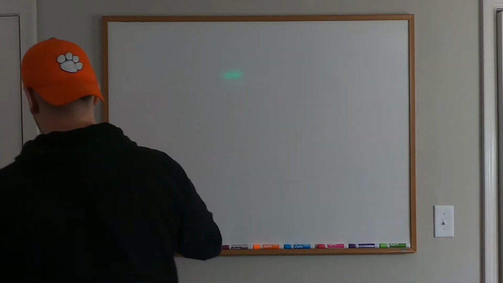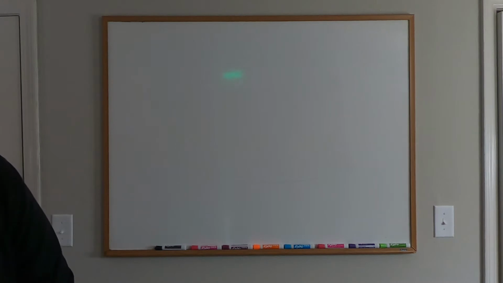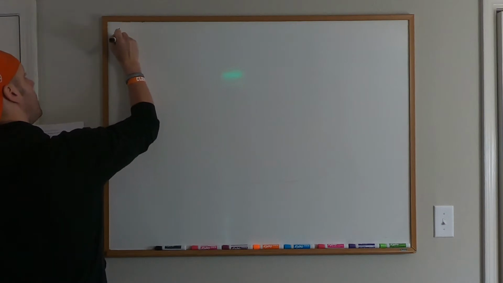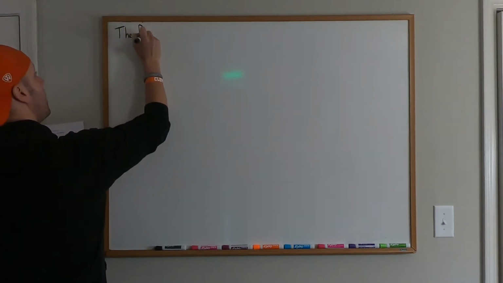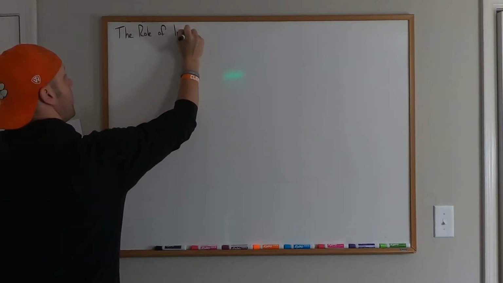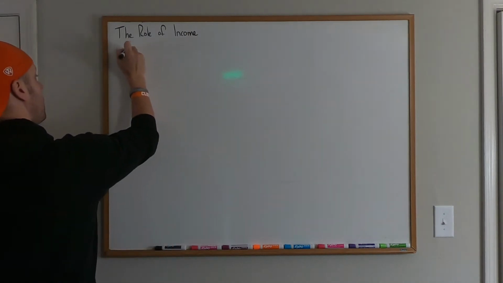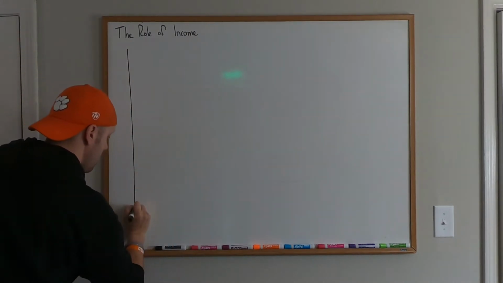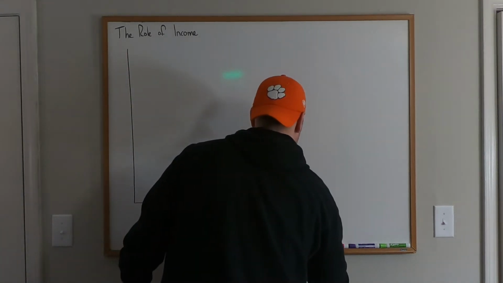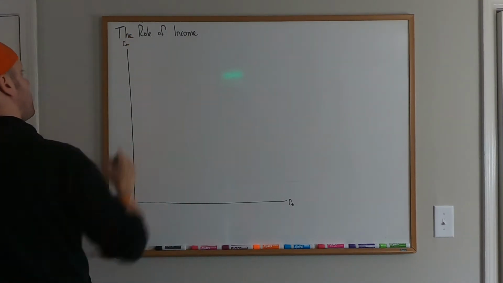Okay, so we are going to talk about the role of income in the models. So from last time, if you recall, we made a little graph where we had current consumption on the horizontal axis and future consumption on the vertical axis.